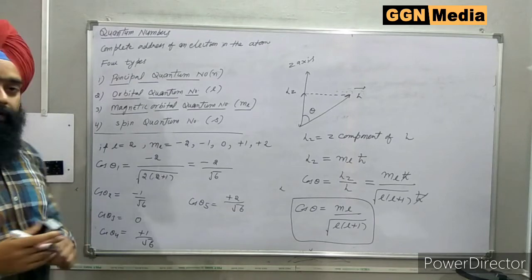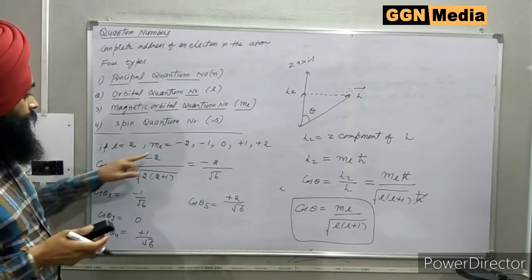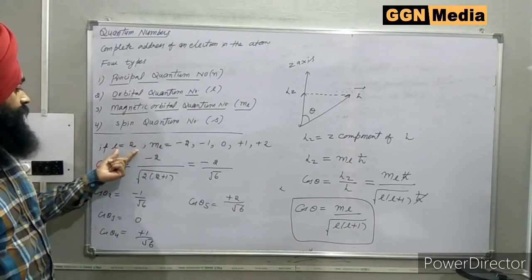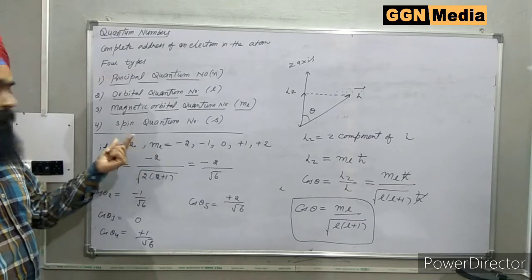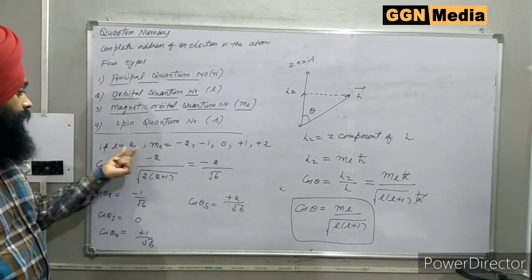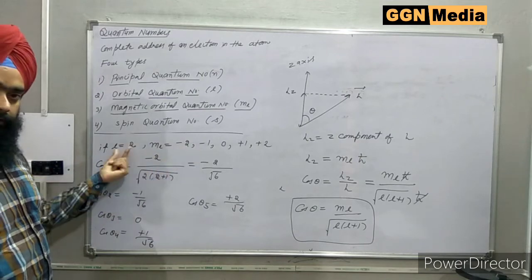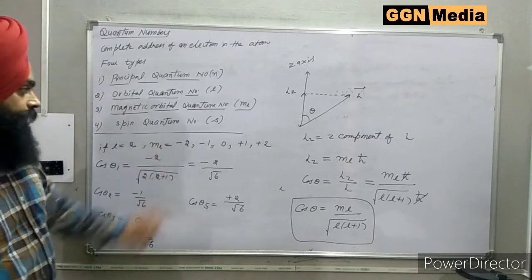It means for every value of L we have 2L plus 1 values of ml. For 2 we have 5, for 3 we have 7 values.